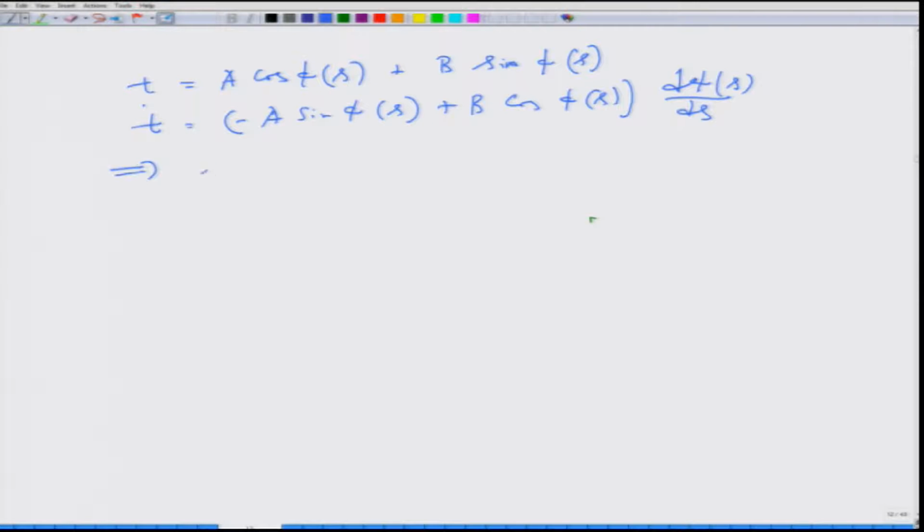This will give us, from the previous consideration, k s into eta s dot A, that is T dot dot A, equal to minus sin phi s d phi ds.